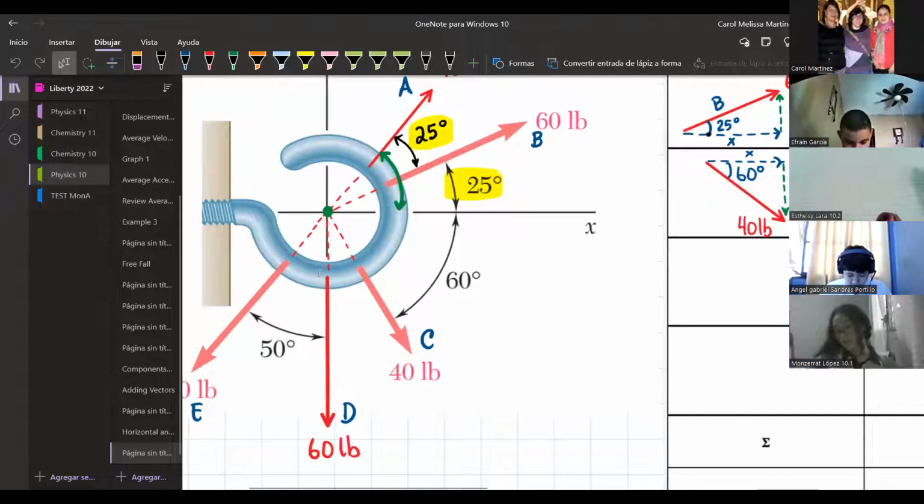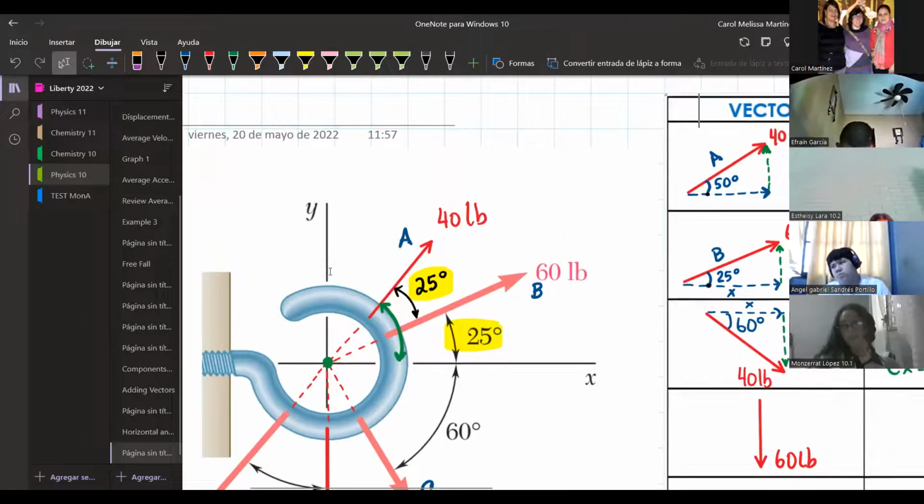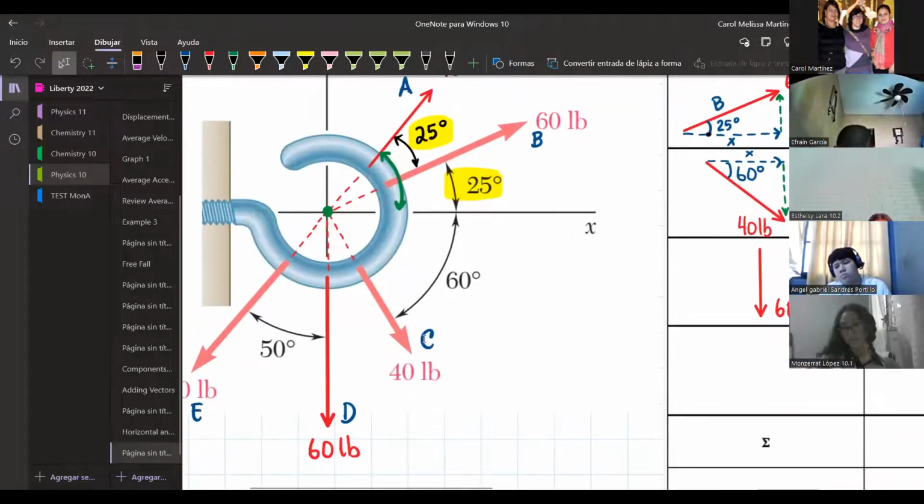The fourth vector is this one, the vector D, which is coming straight downward. Okay, so I'm going to make the sketch, straight downward. In this case, we don't need to show a procedure, remember? This is vector D, and it's 60 pounds. I'm going to make the other vector also.